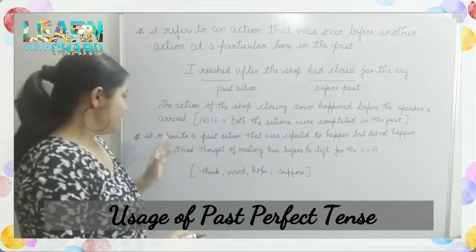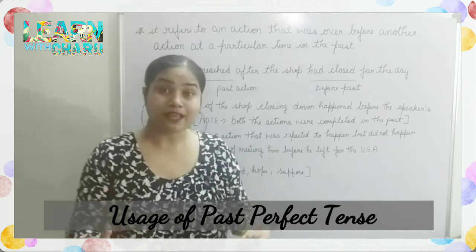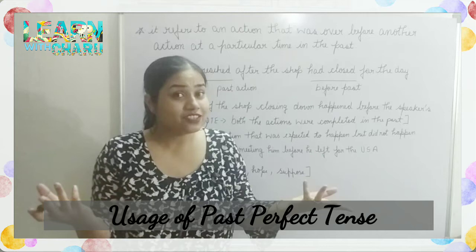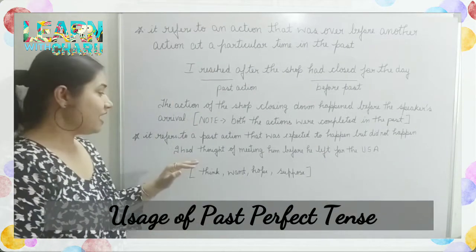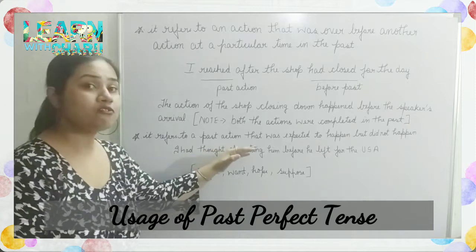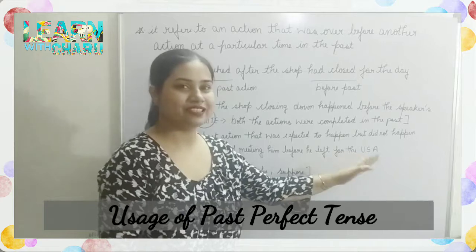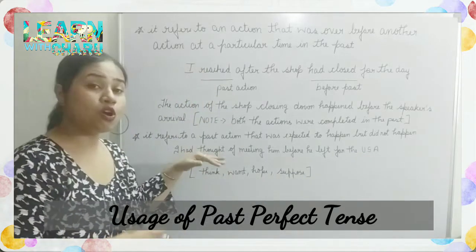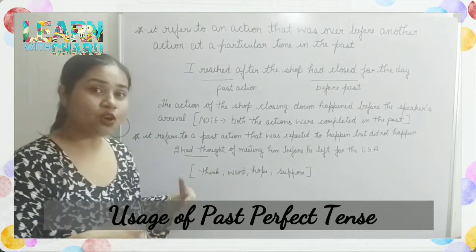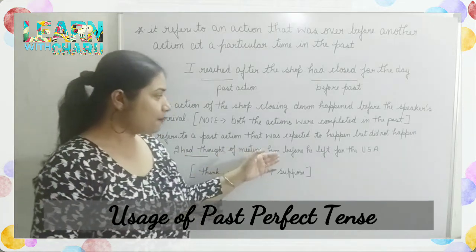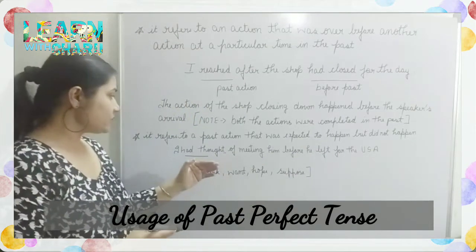Now, it refers to a past action that was expected to happen but did not happen. Okay? For example, I had thought of meeting him before he left for the USA. I had thought of meeting. This action came first. So here, what was expected?